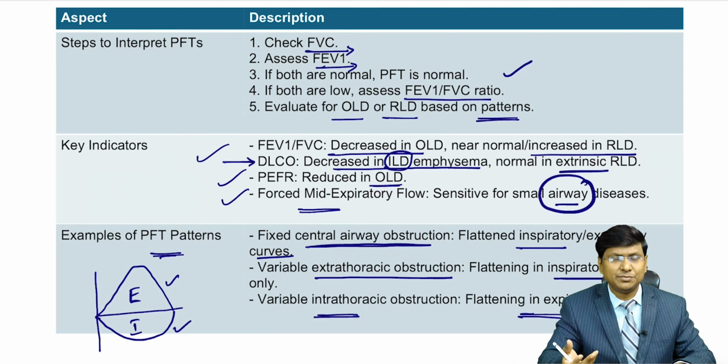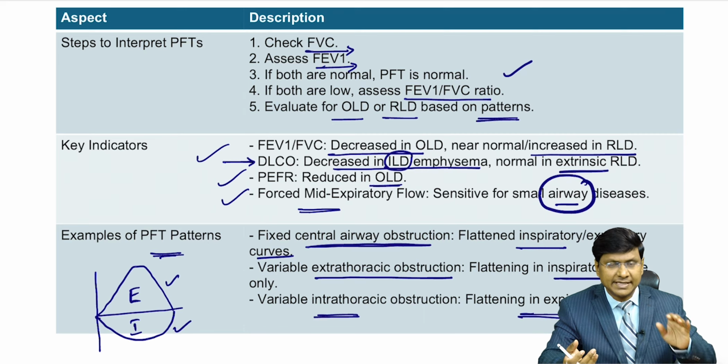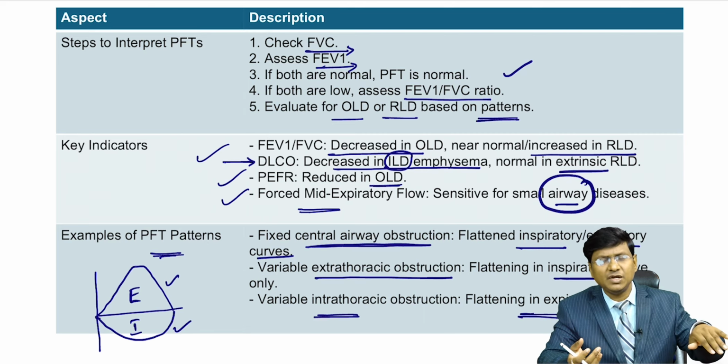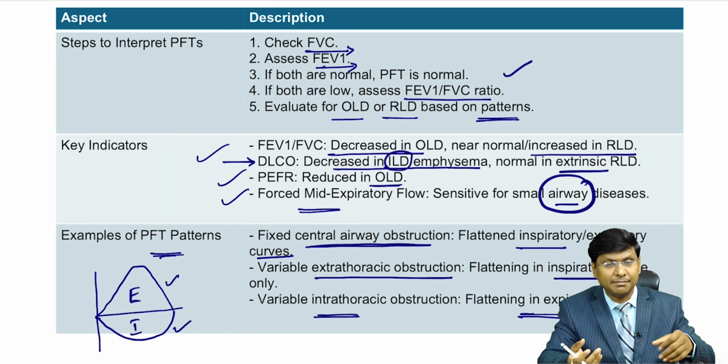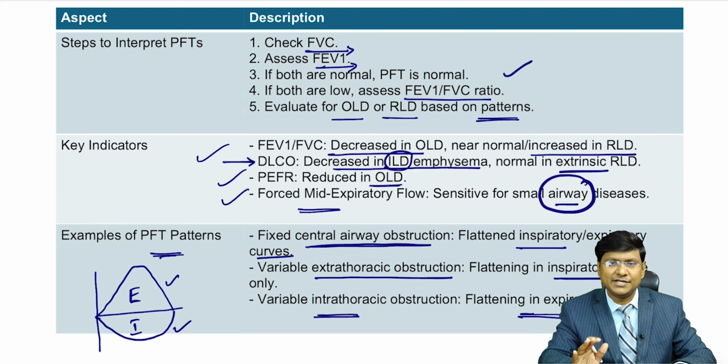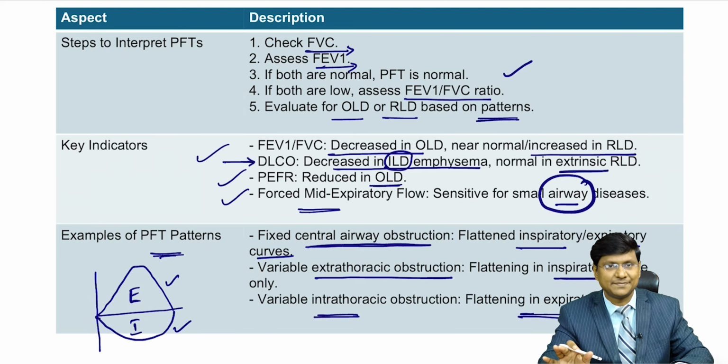Because the laryngeal tumor is a pedunculated tumor, during inspiration the incoming air throws the tumor away to the walls of the trachea, so the airway will be clear. But during expiration, the air coming from the lung to outside pushes the laryngeal tumor towards the lumen of the trachea. Thereby the trachea is obstructed. So your expiratory curve is flat in case of variable intrathoracic obstruction.